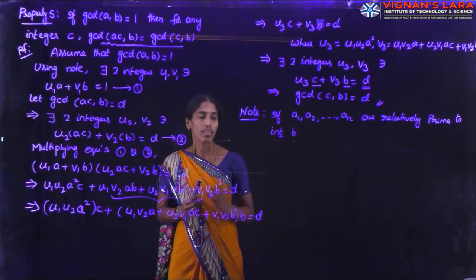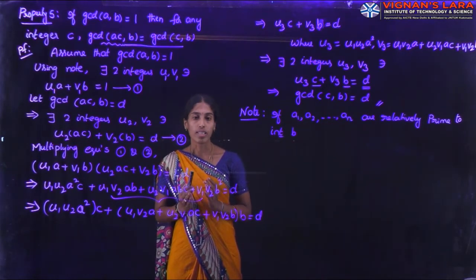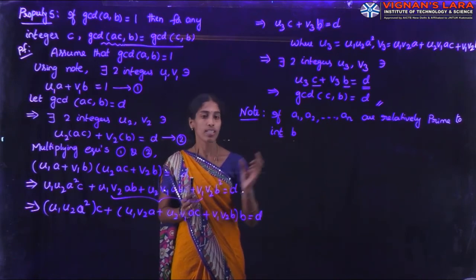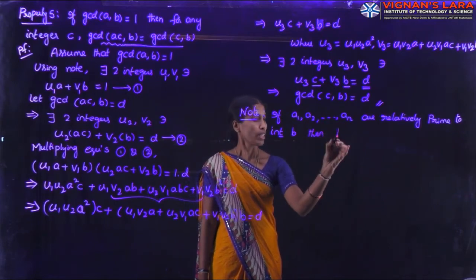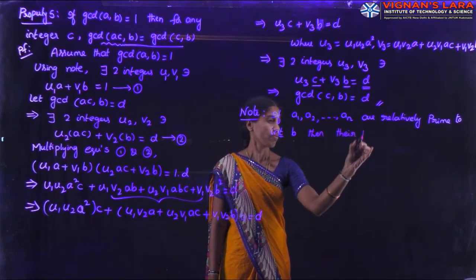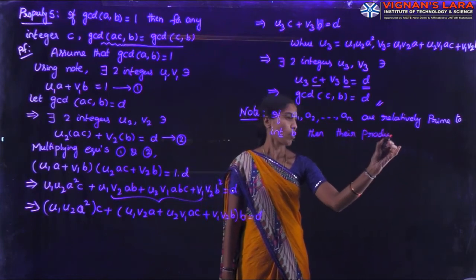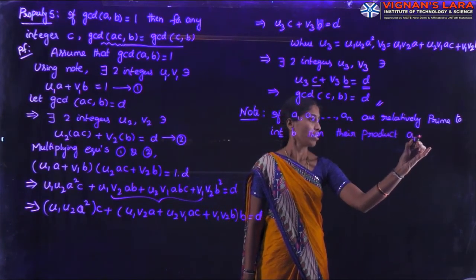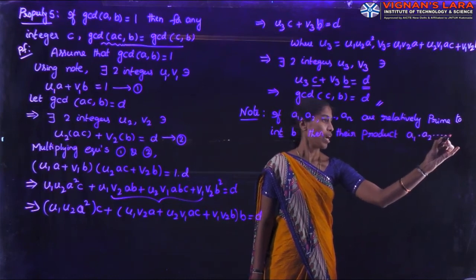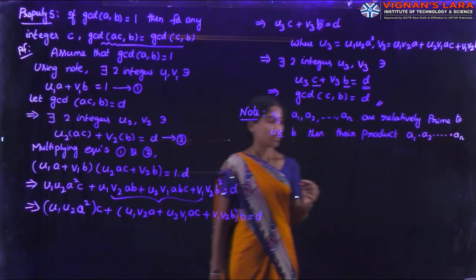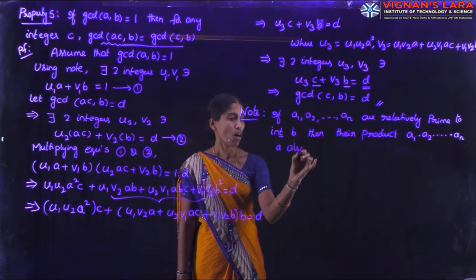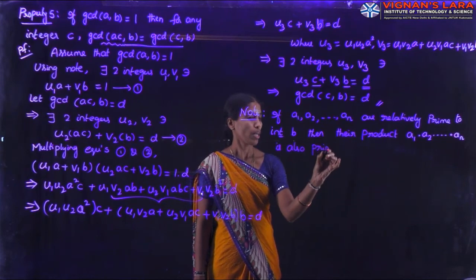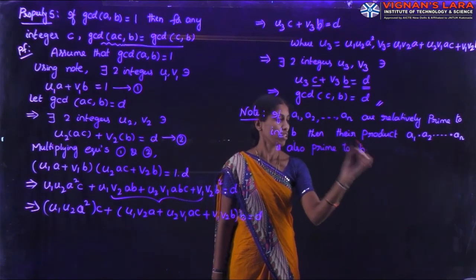So if we consider the GCD of a1 comma b is 1, so the GCD of b and any integer of a is equal to 1, then their product, so product of a1, a2 and so on an, is also prime to b, right?